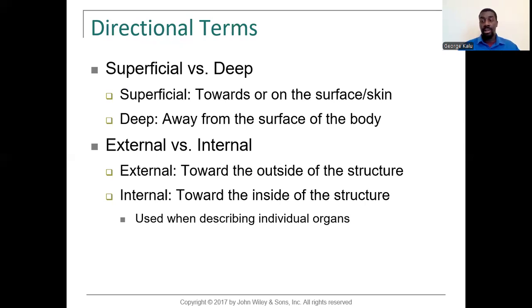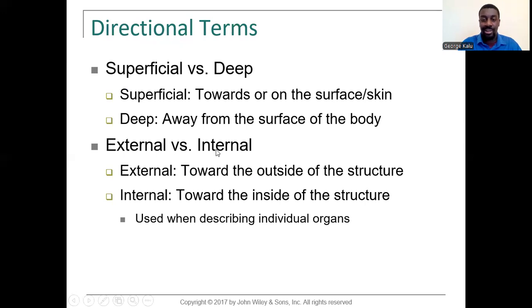The ribs are going to be closer to the surface of your body than your intestines would be. Or vice versa. For deep, you could say the heart is deep to the sternum. Your sternum is going to be closer to the surface of your body. The heart's going to be deeper inside. So the heart is deep to the sternum.